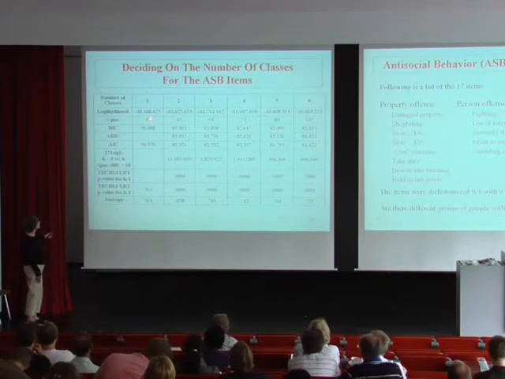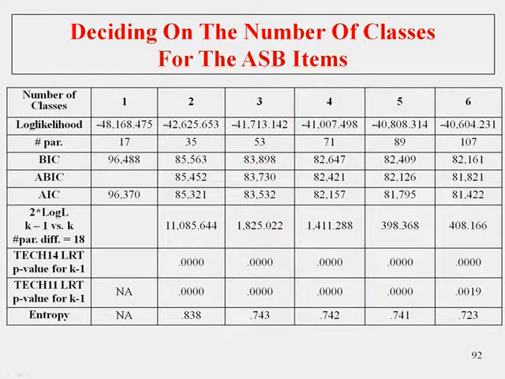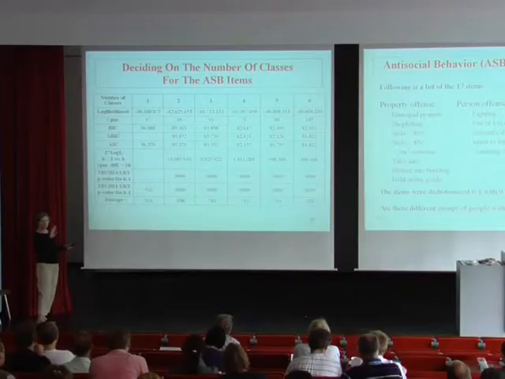So here we have our log likelihood, which goes up considerably from 2 to 3, and from 3 to 4, there's also a fairly substantial increase, and 4 to 5 less, etc. So here you might consider 4 classes looking at that, or 5. And we're going to look at a plot of these also, so you can see better.